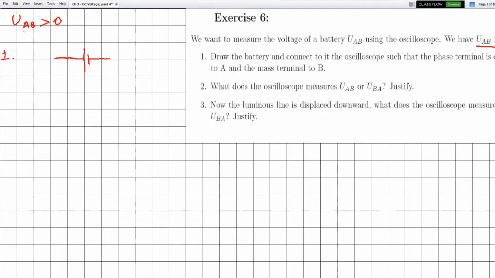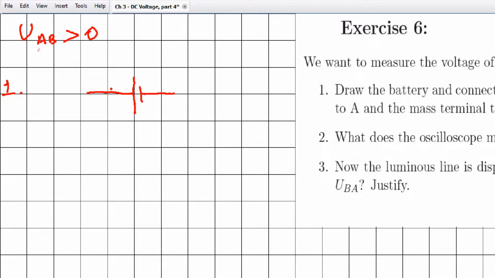So in this case we have two possibilities. Either this terminal will be the point A and this terminal will be the point B, or this terminal will be the point B and this terminal will be the point A. And this depends on the sign of the voltage UAB. Suppose this is the point B and this is the point A. In this case UBA is positive because we are measuring from the positive pole to the negative pole.